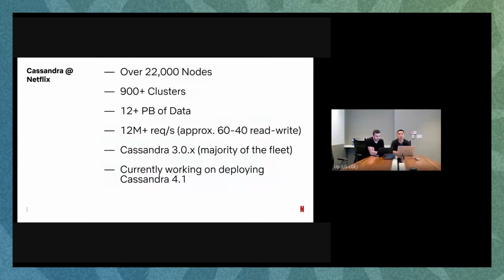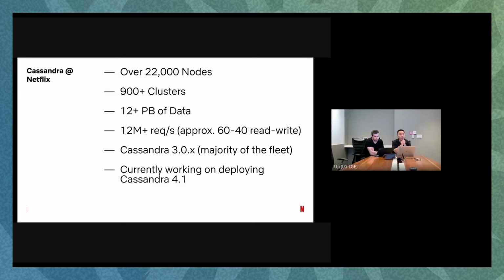So just a very quick overview of Cassandra at Netflix. Right now we have over 22,000 nodes running in prod at Netflix, with over 900 clusters and 12 plus petabytes of data. We have about 12 million plus requests per second.